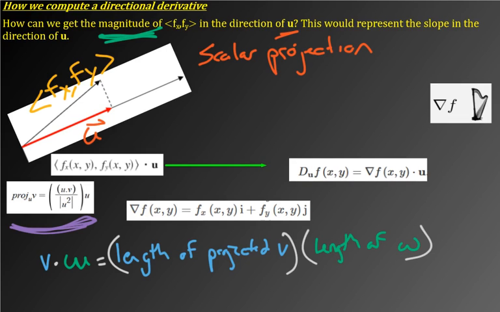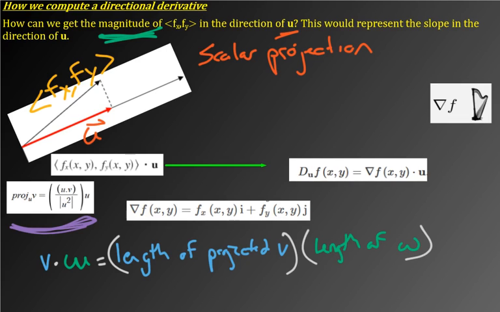So this is a scalar. A dot product is a scalar. It's a number. It's not a vector. But if you do a dot product, it's really interpreted as the length of the projected vector, some vector on, the length of that projected vector times the length of whatever vector was there already, okay?